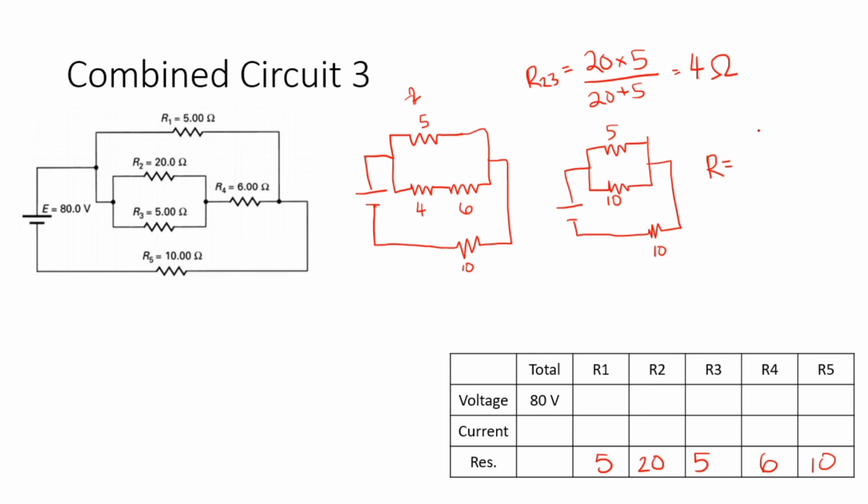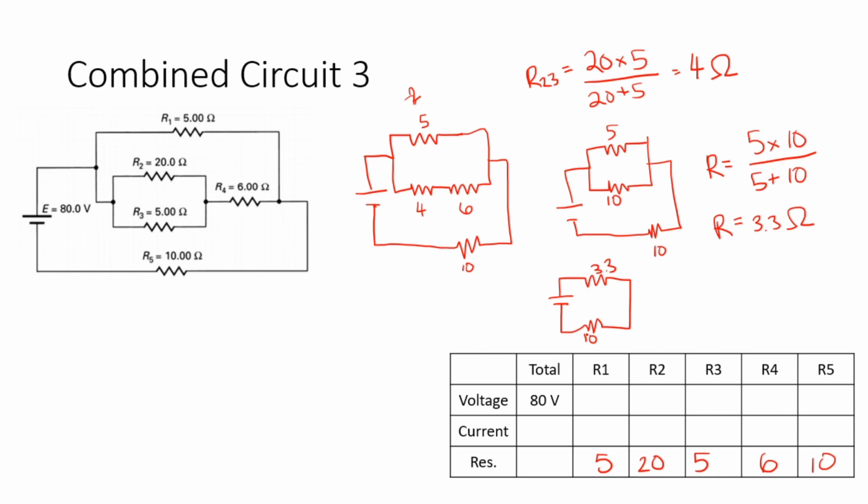The resistance of that is equal to 5 times 10 divided by 5 plus 10. So your resistance is going to be 3.3 ohms. Excellent. And now we essentially have a circuit that looks like this, where you have 3.3 and you have 10, and this is series, so you add them together.